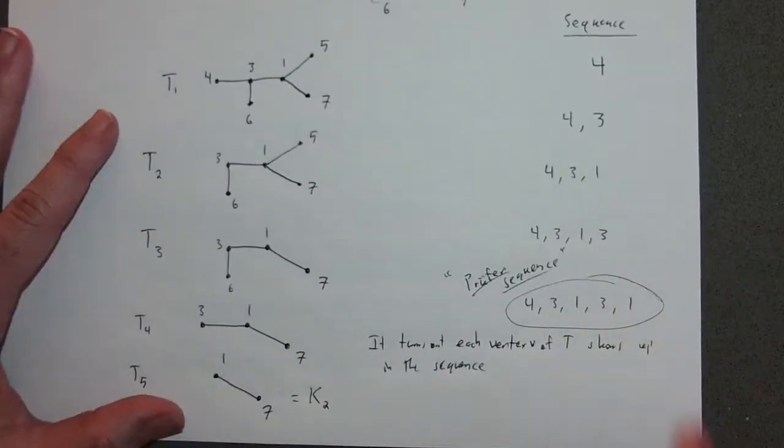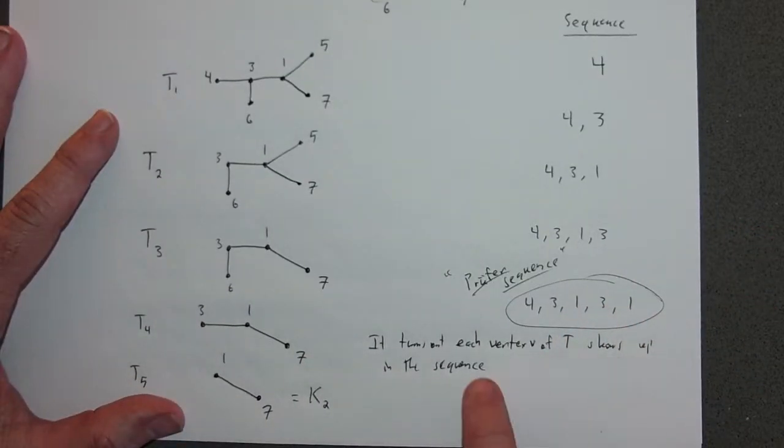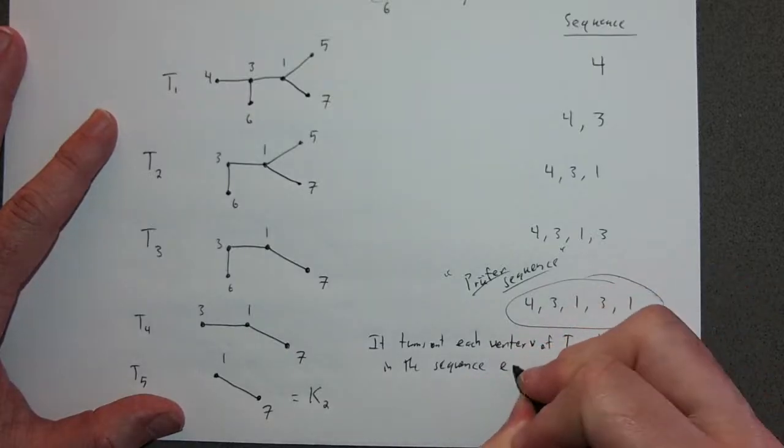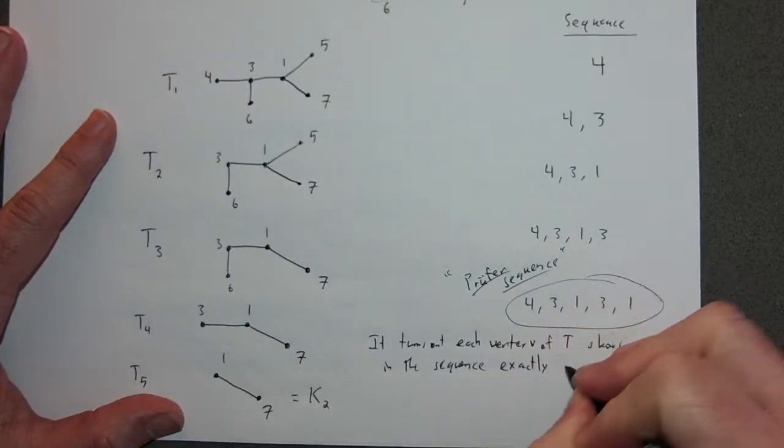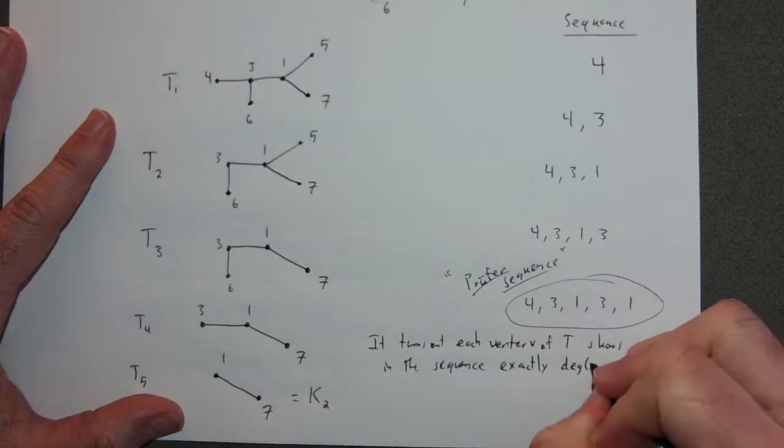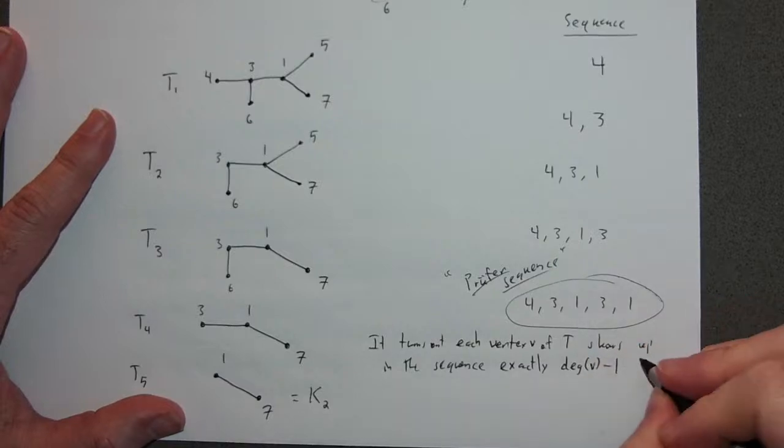So this isn't a coincidence. It turns out that each vertex V in the tree shows up in the sequence exactly the degree of V minus 1 times.